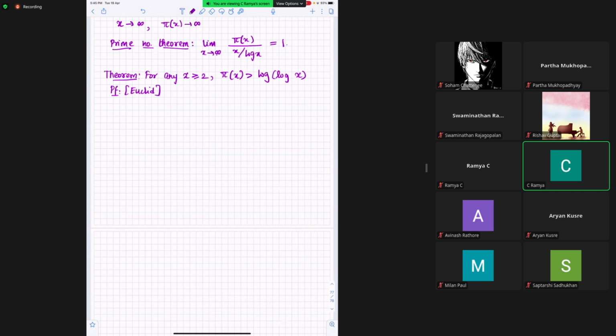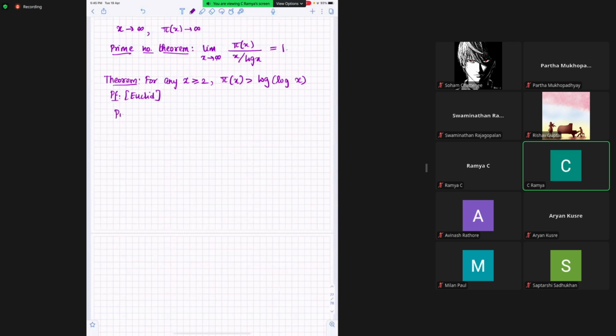Okay, so what do we know from this infinitely many primes? We know that if P1 through Pn are n primes, then a prime factor of P1 to Pn plus 1 is also prime.